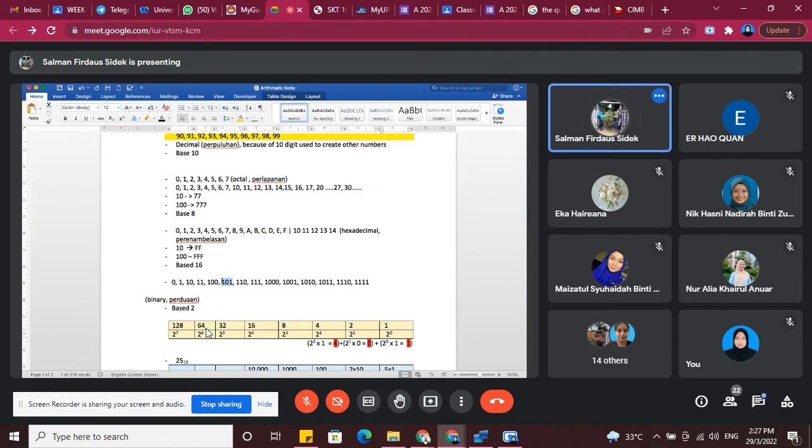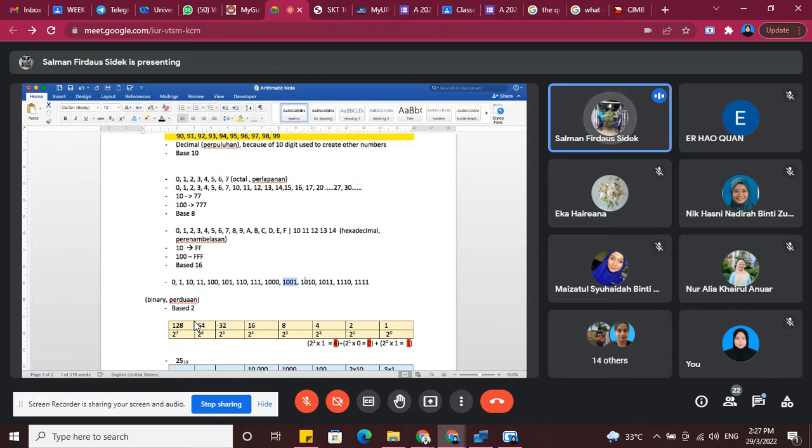This one is 5, which is 4 plus 1. We are not using 2 because it is 0. This one is 4 plus 2, and this is 4 plus 2 plus 1, which is 7. This one is 8: 1, 0, 0, 0. And then this is 9.